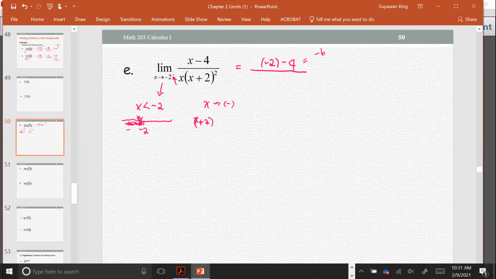Whatever number you pick on the left side of -2, you add 2 to it. Let's say you pick x equals -2.01, and then you add 2 to that number. You're going to get negative, but very, very small.